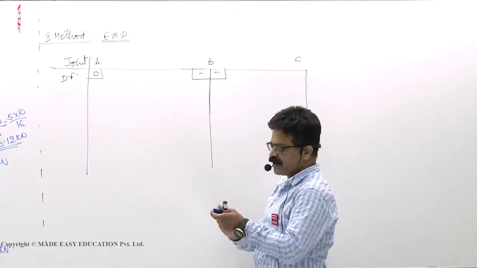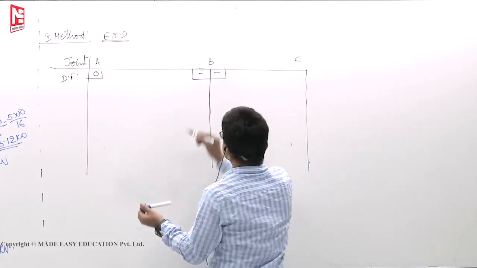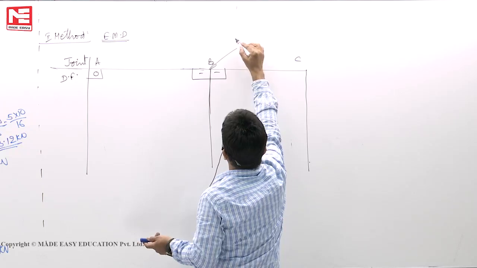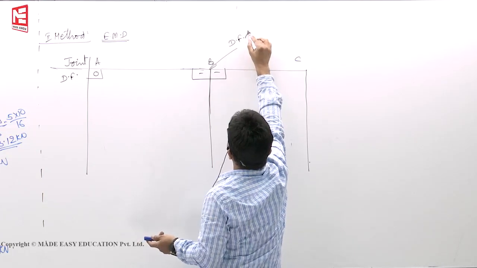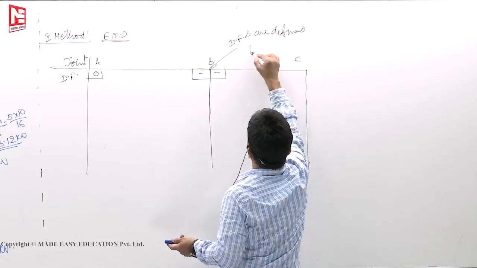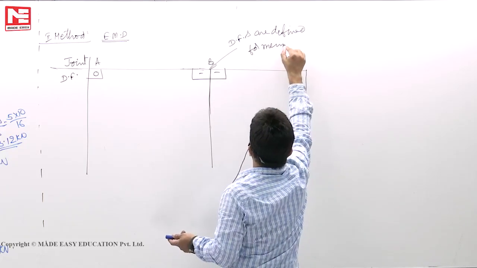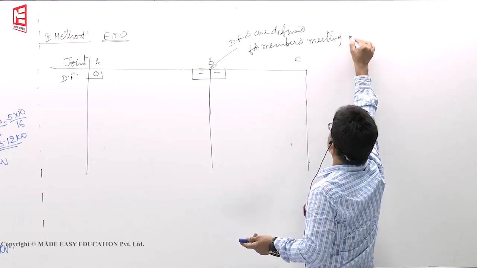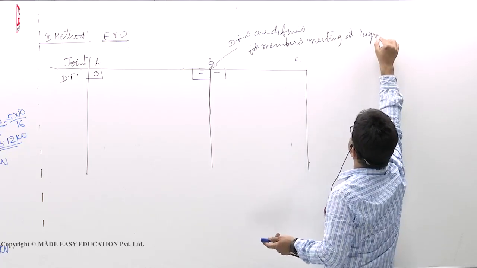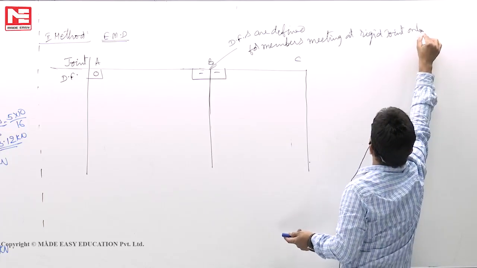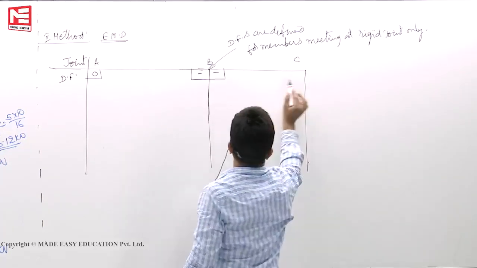So no distribution factors. Distribution factors are defined for members meeting at rigid joint only. So no distribution factors.